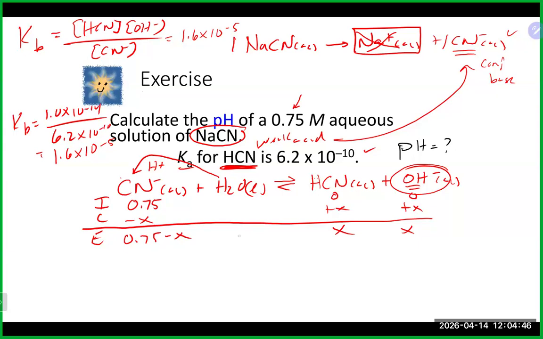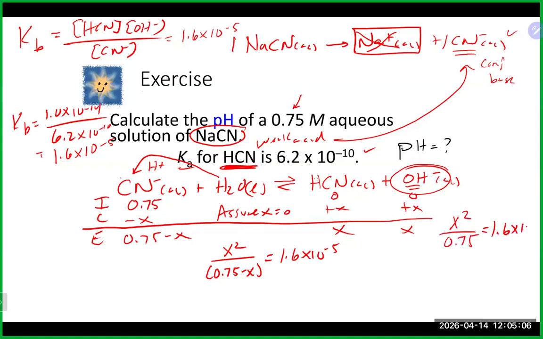We can put our equilibrium into here. So x squared divided by 0.75 minus x equals 1.6 times 10 to the minus 5. Again, we could assume x is equal to 0. That will get us x squared equals 0.75 times 1.6 times 10 to the minus 5.